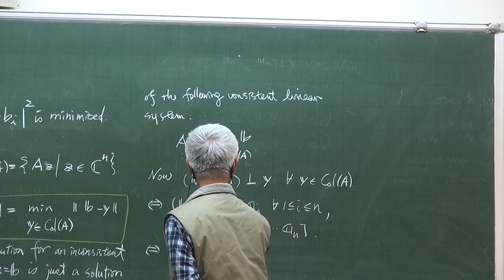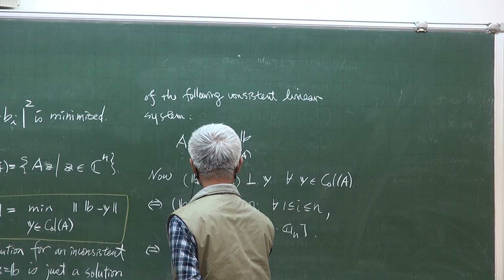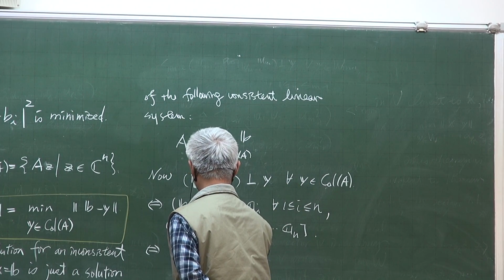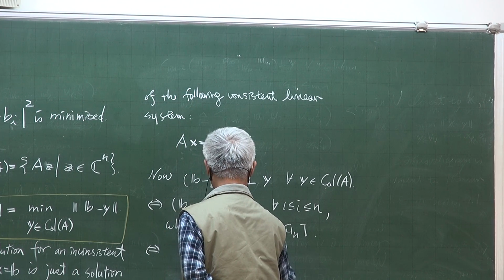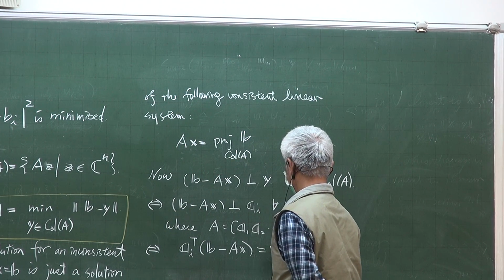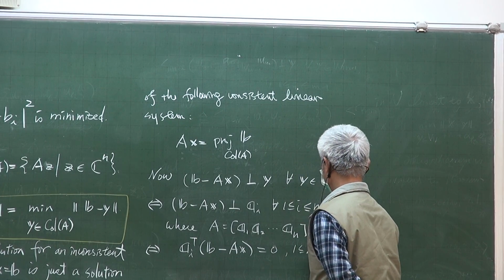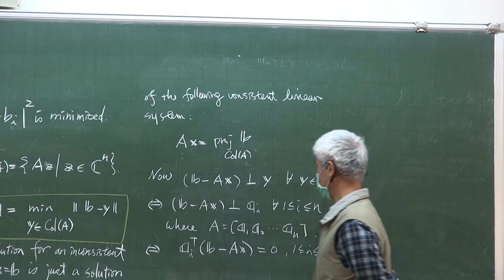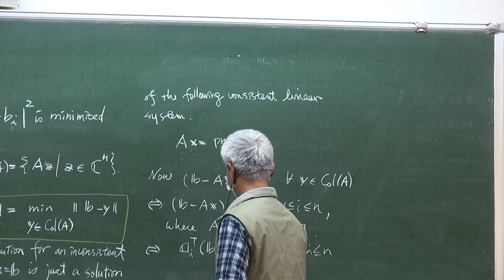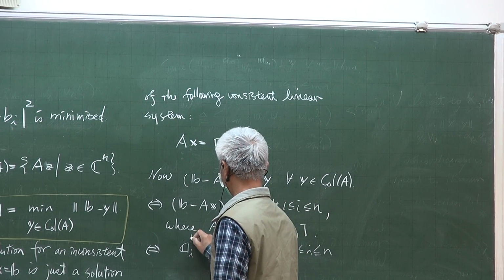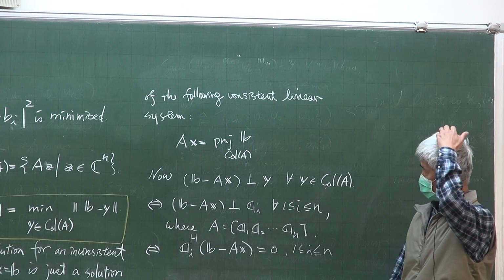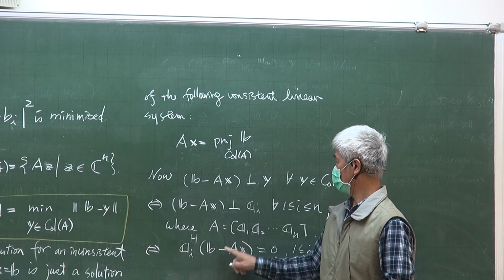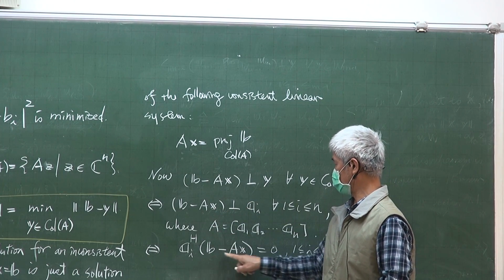So this means that the Ai transpose times B minus AX must be 0, for each i. This is the inner product. And I have to put a bar, so in the complex case, I have to put a Hermitian here, because this is the inner product between Ai and this vector.